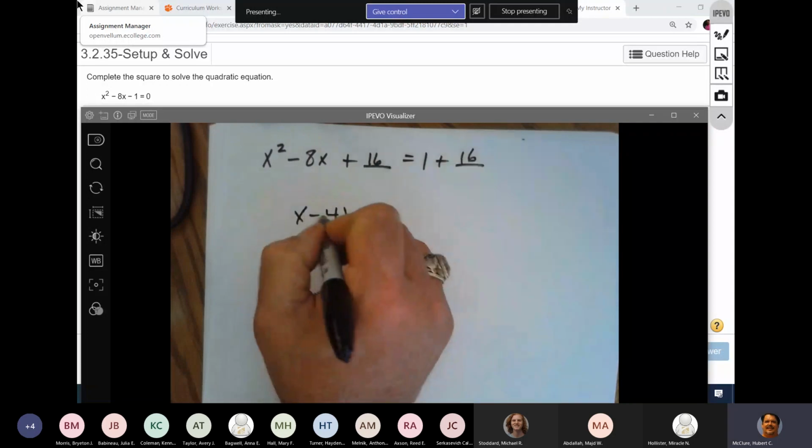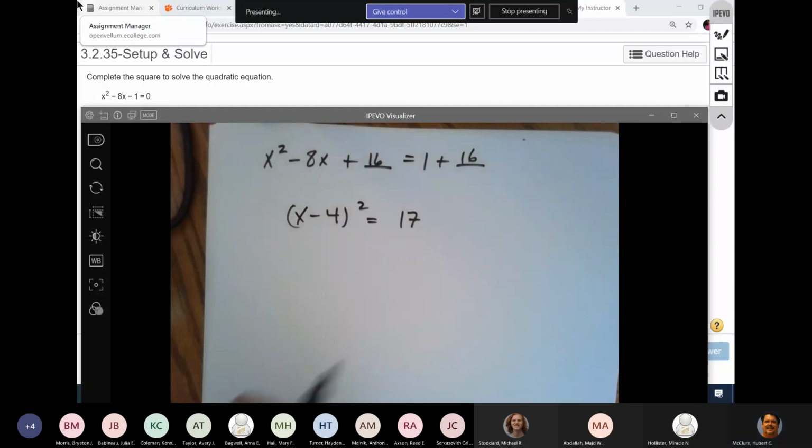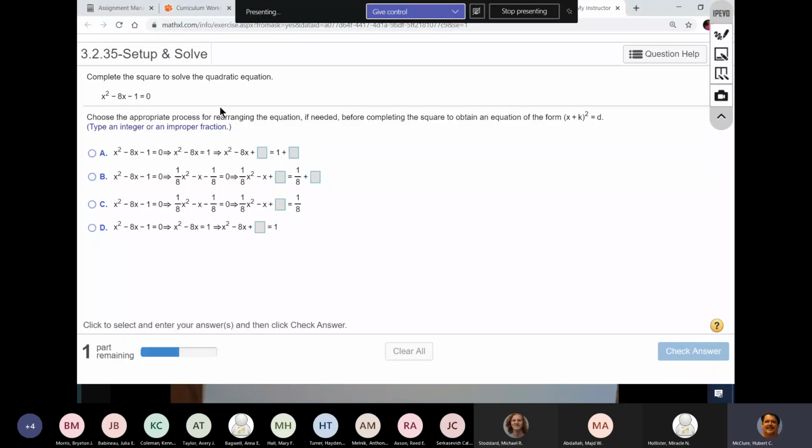X minus 4, quantity squared, is equal to 17. What do they want you to do? Complete the square to solve. That means they want the x-intercepts. I'm going to finish it and then we'll worry about answering the question.